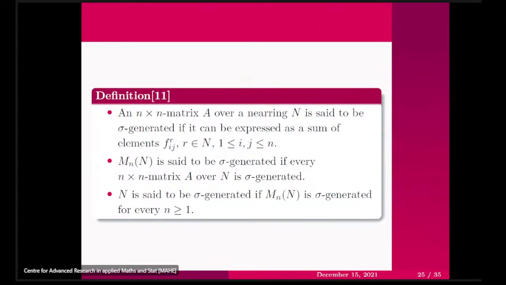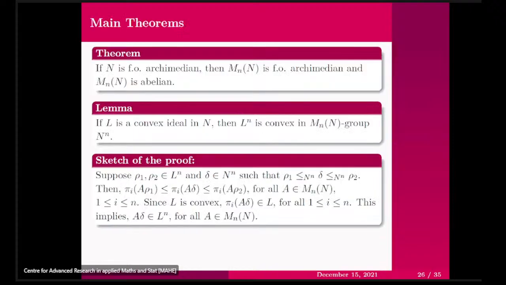A matrix A is called sigma generated if it can be expressed as the sum of elements of F_ij(r), where r belongs to N. And M_n(N) is said to be sigma generated if every such matrix A is sigma generated. And N is said to be sigma generated if the corresponding matrix near-ring M_n(N) is sigma generated for all n greater than or equal to 1.